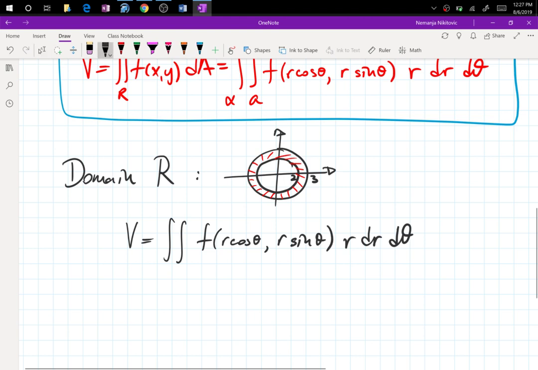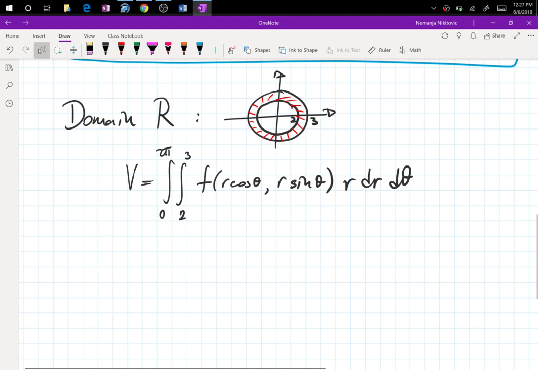I want the full circle around, so I'm not looking for a wedge. I'm looking for a full circle around, so 0 to 2 pi, and then I am going from 2 to 3 because that is where the material is, right, where we are looking for volume. So it would be 2 to 3, and this would portray the domain. Then you would plug your function in here and then integrate.